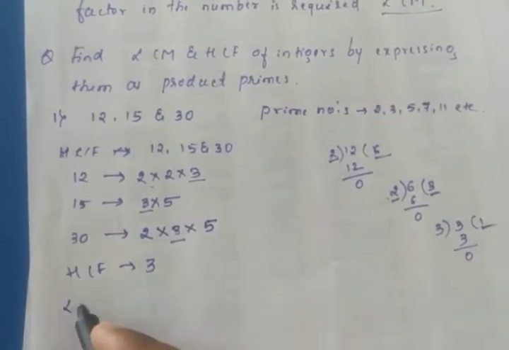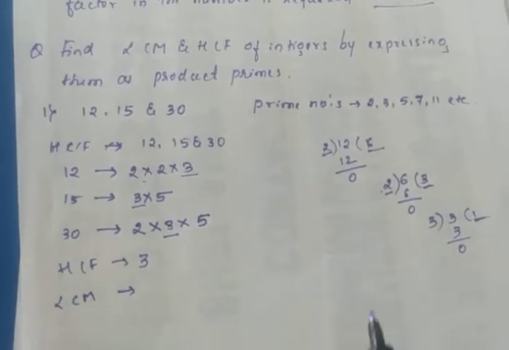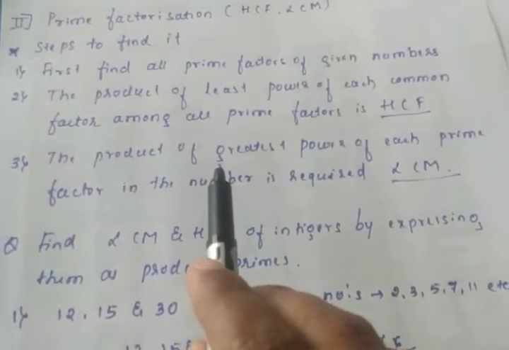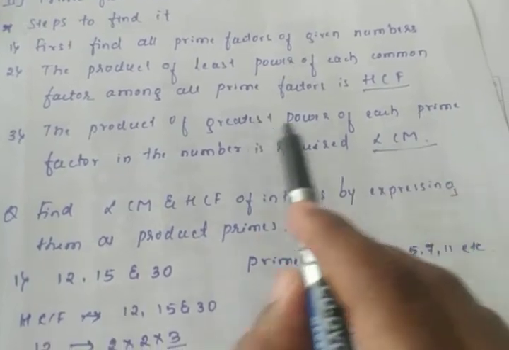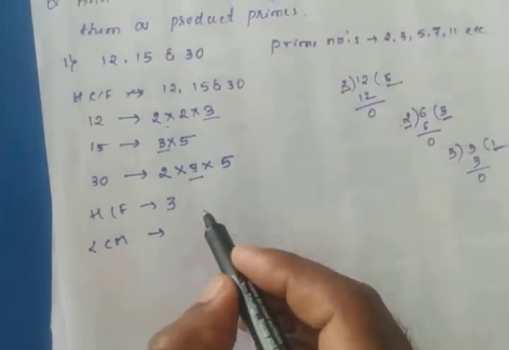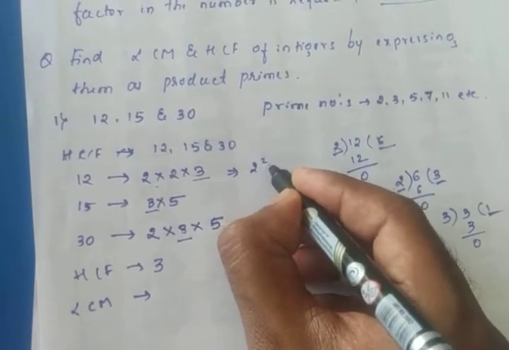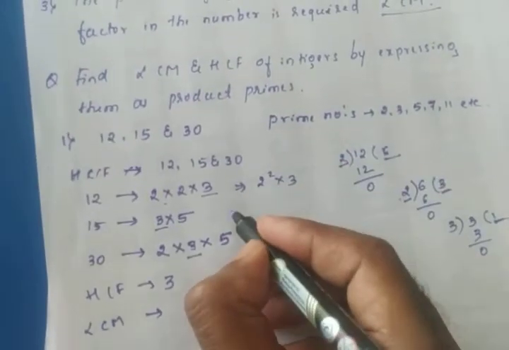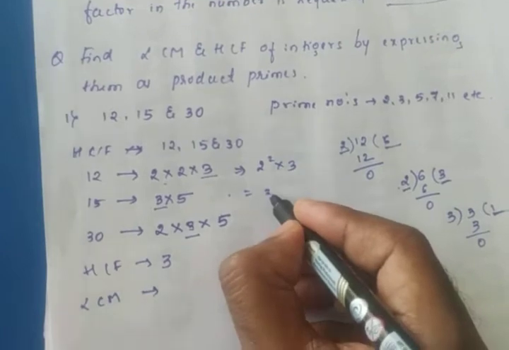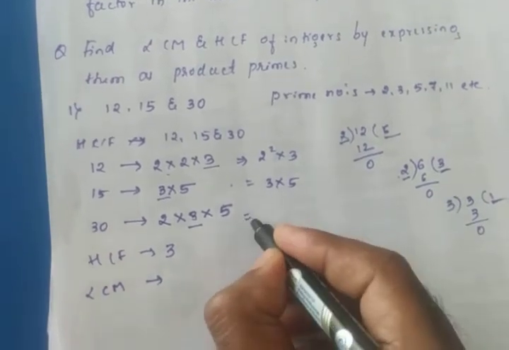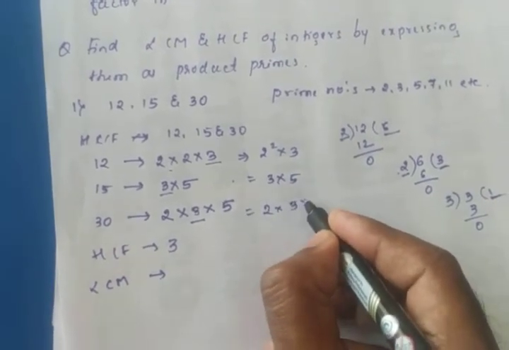Okay. Then how to find the LCM? LCM is the greatest power of each prime factor. So here we have the greatest powers. We can write 12 as 2 square into 3. This one is as it is, 3 into 5. This is also as it is, 2 into 3 into 5.